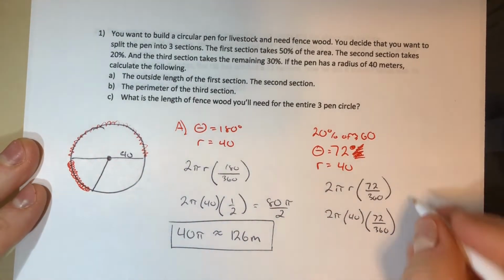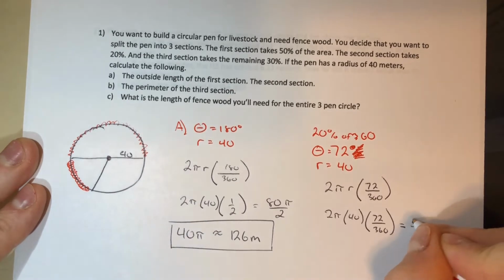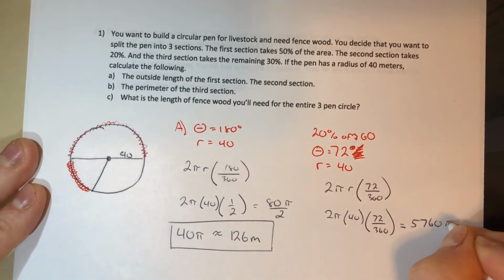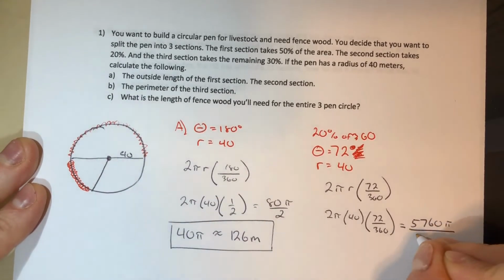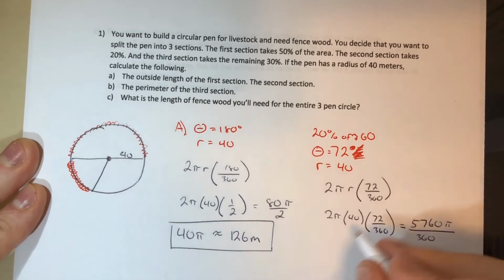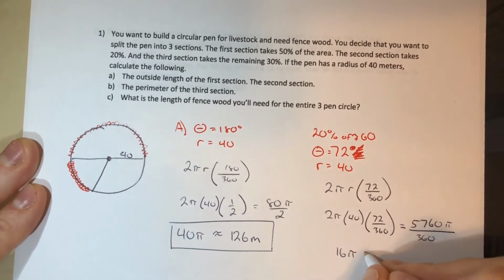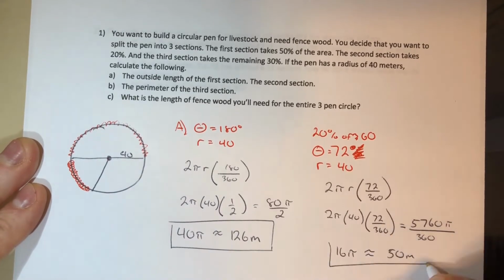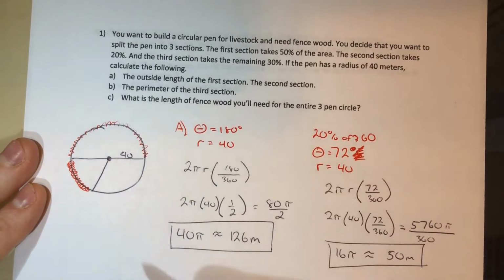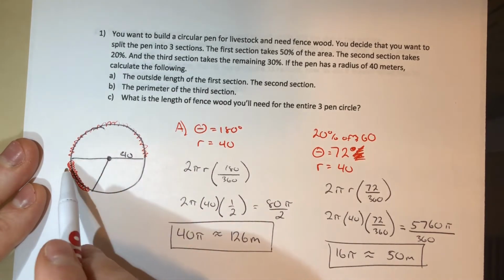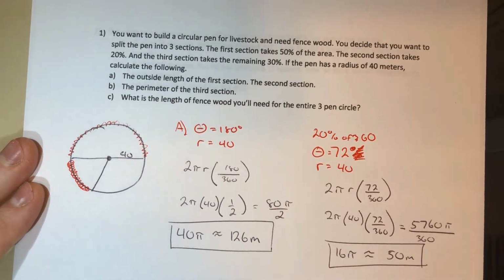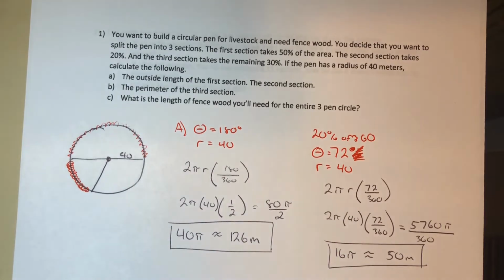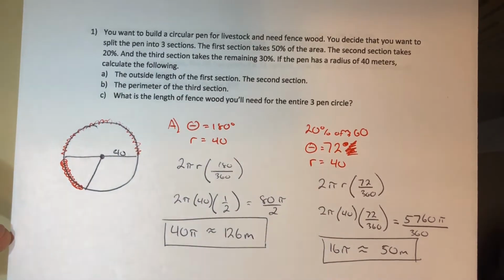If I work all that out on the top, I'm going to get 5760 times pi divided by 360, which is roughly 16 pi, or 50 meters. And so I've got 126 and I've got 50. And so that concludes A. Now we're going to move over to B.